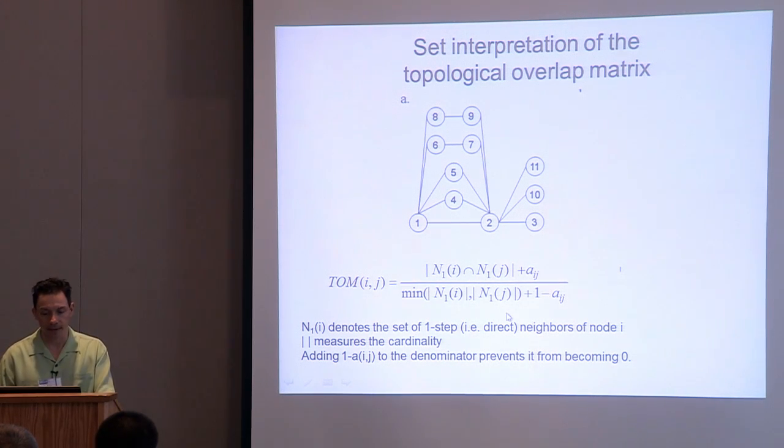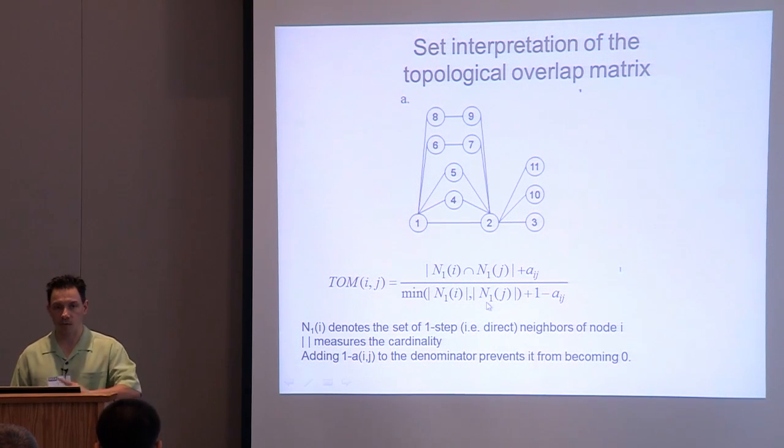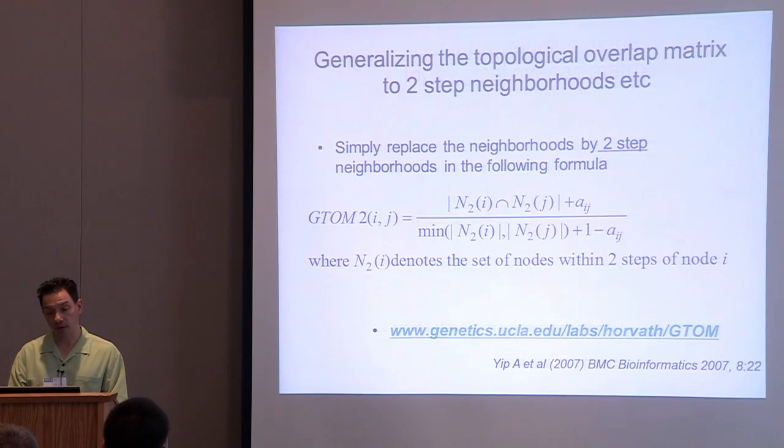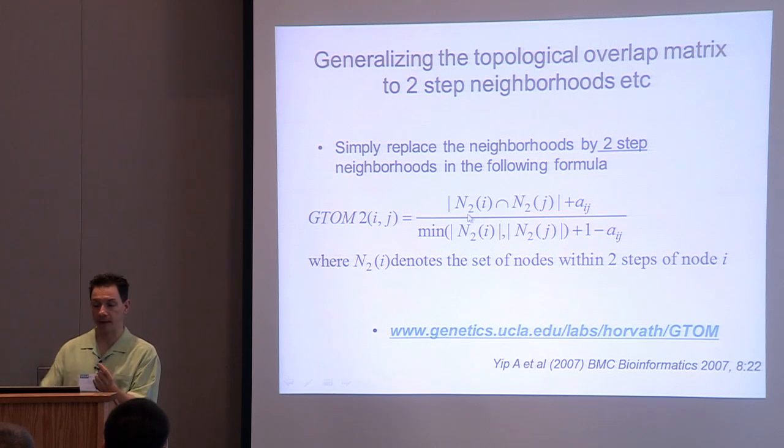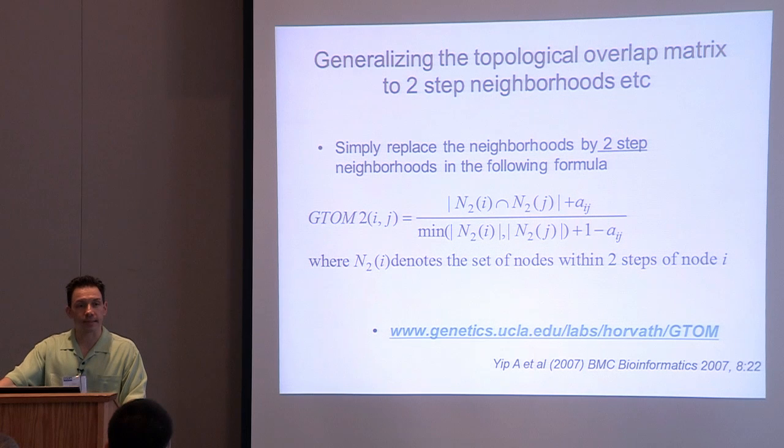And now the one thing to remember is that here we defined the neighborhood of the ith gene using one step, meaning the direct neighbor. However, you can, of course, generalize that and say, I define the neighborhood of the ith gene as any gene that is 2 steps away. So what we call 2-step neighborhoods. And so you intersect that, and you can generalize it.